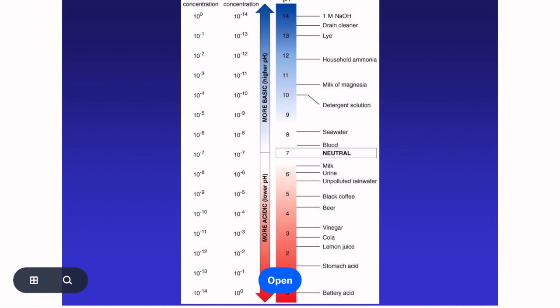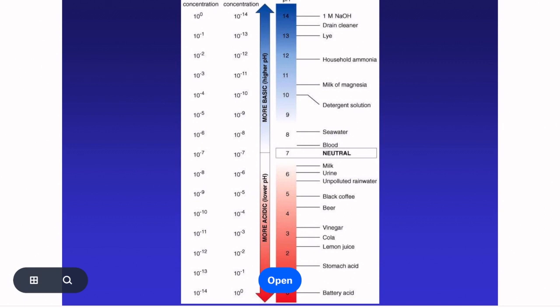Things like bleach or sodium hydroxide, drain cleaner, lye, household ammonia, milk of magnesia, detergents. Cleaners tend to be very basic because that stuff destroys cells. And in fact, bleach is going to be around pH 12, very basic, and that's what you're using to kill bacteria in your lab setup.